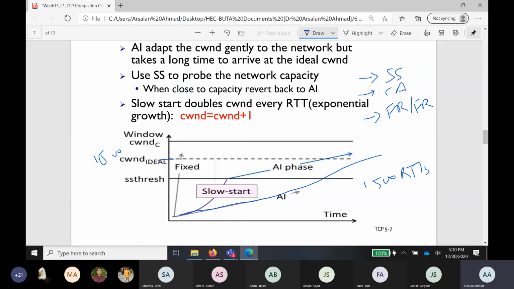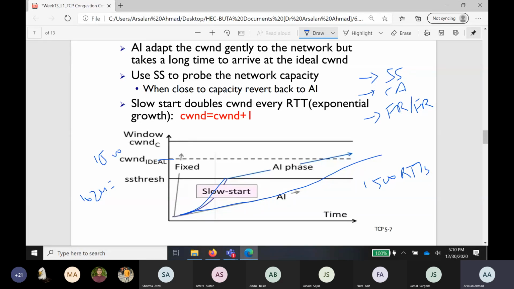But on the other hand, let's say our slow start threshold is equal to 1024, and after this value we will move to the AI phase. So we will have an exponential increase up until 1024, and we will only take 10 RTTs to reach 1024, because it will be 1, 2, 4, 8, 16, 32, 64, and so on, 512, and 1024.